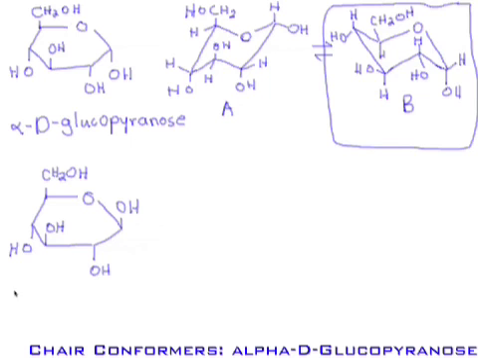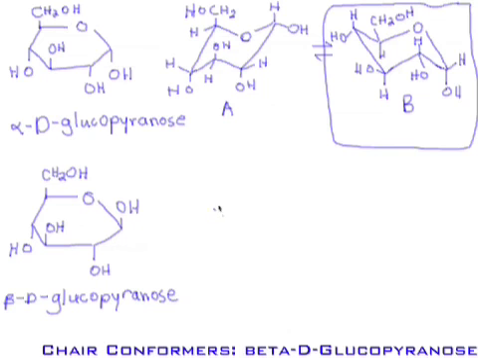The only difference between the beta-D-glucopyranose and the alpha-D-glucopyranose is the chirality at the anomeric carbon. So if I draw my chair conformer, I get only this chirality as changing. Everything else stays the same.